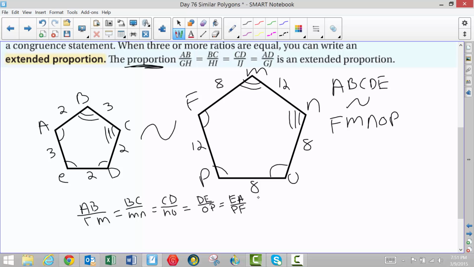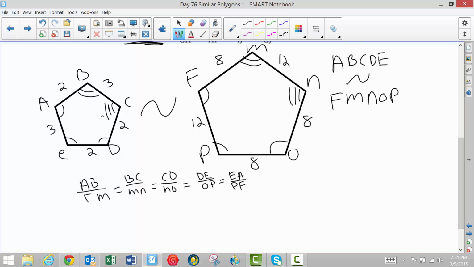I have to show that all those ratios are the same. And if all those ratios are the same, then I have shown that these two figures are indeed similar.